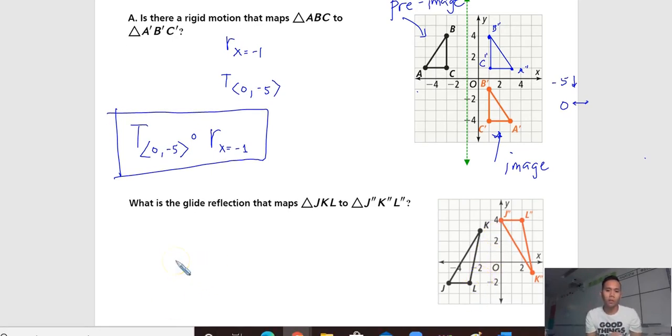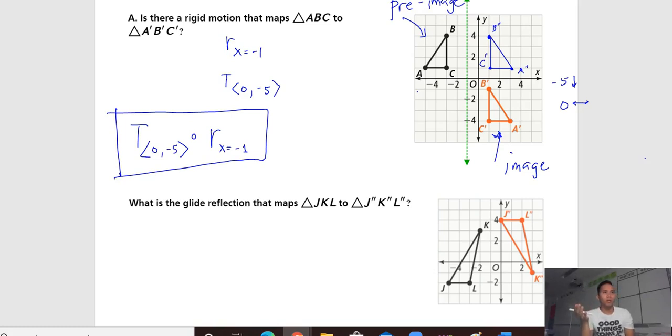What is the glide reflection that maps triangle JKL to triangle J double prime, K double prime, and L double prime? So we have to take a look at how it looks when we do the glide reflection. First, we have to determine the translation.